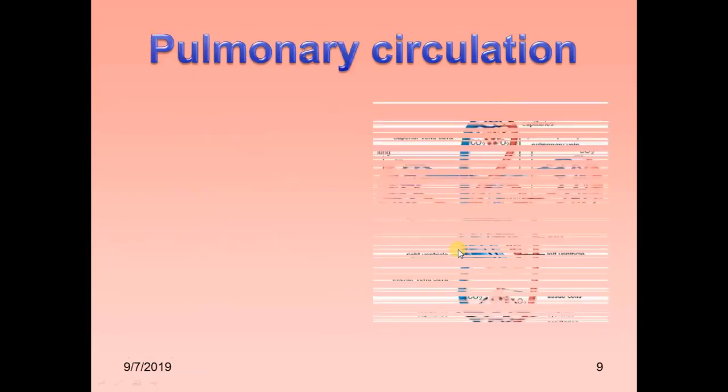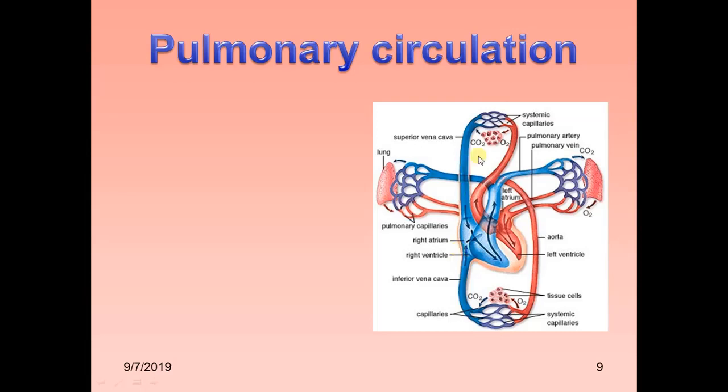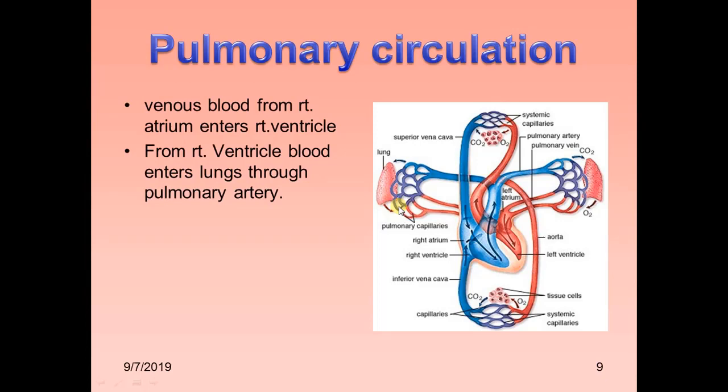The next type of circulation is the pulmonary circulation, which you see in the case of the lungs. The deoxygenated blood received by the right atrium enters the right ventricle, and from the right ventricle through the pulmonary trunk, which divides into two pulmonary arteries, the blood enters the lungs.